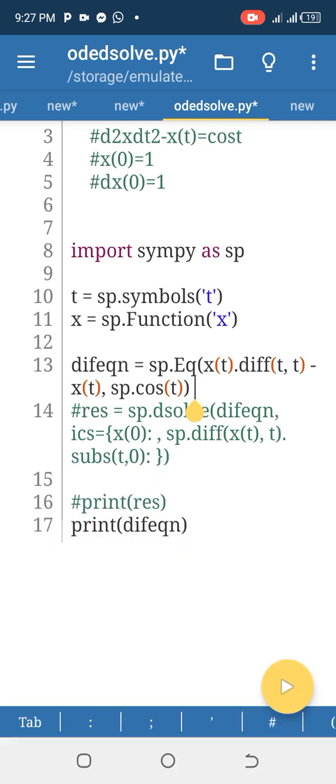So let us print this differential equation, and we see whether it is in the format that we want. We are going to use print(diff_eqn), because diff_eqn is the differential equation that we are dealing with. So we wait. So that is the differential equation.